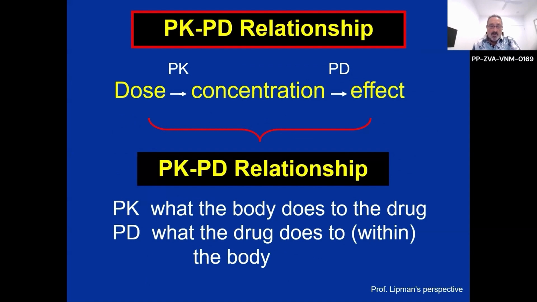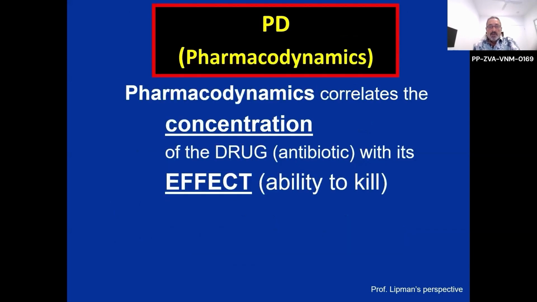Another way of looking at it: pharmacokinetics is what the body does to the drug or the antibiotic, whereas pharmacodynamics is what the drug does within the body. Just looking at pharmacodynamics, the concentration effect or the ability to kill is not that easy to measure.